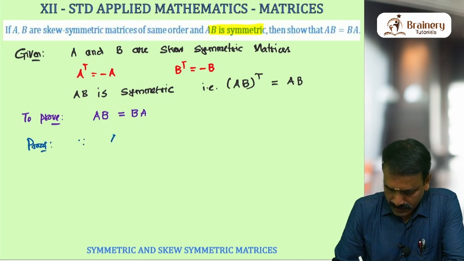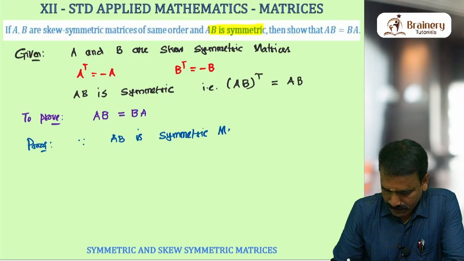Since AB is symmetric matrix, AB whole transpose will be equal to AB itself.